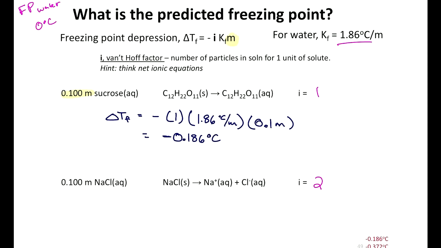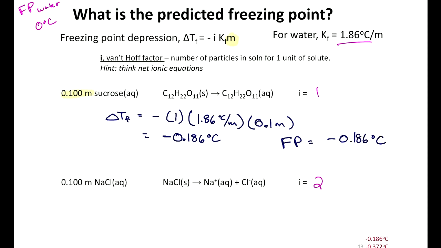negative 0.186 degrees Celsius. So this sugary solution is going to have a freezing point 0.186 degrees lower than the normal freezing point. All right, so we're just subtracting it from 0, so that means the actual measured freezing point of this solution is going to be negative 0.186 degrees Celsius.